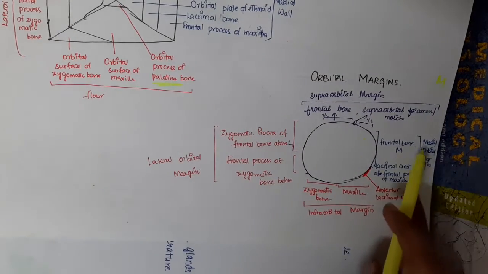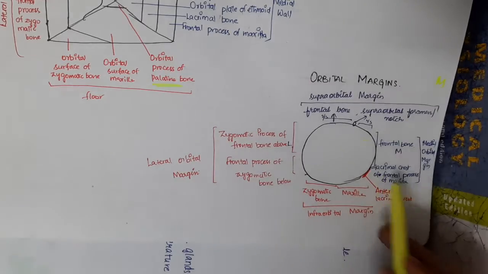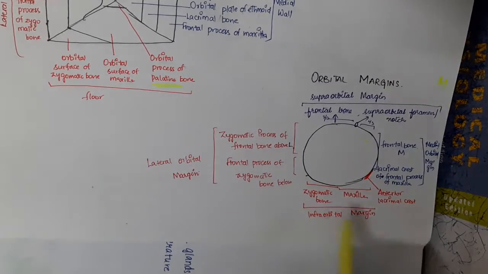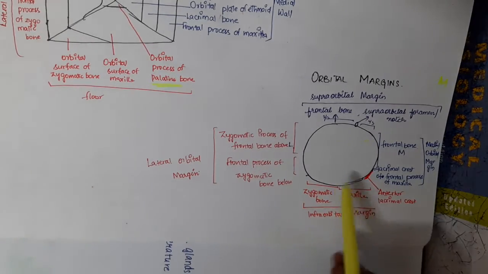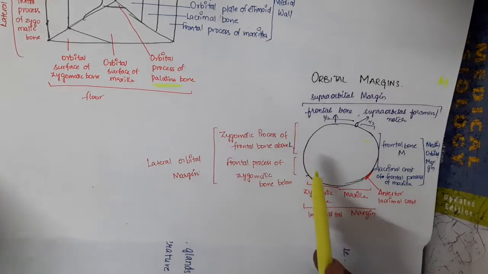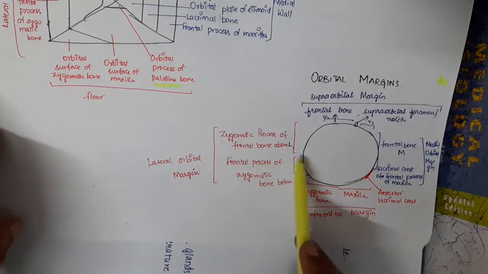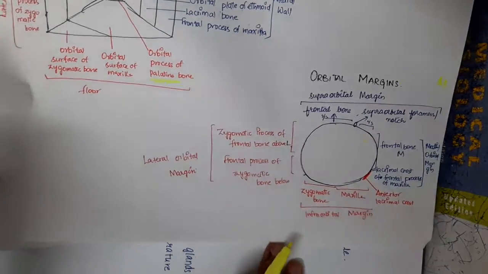The medial border is formed by the frontal bone above and a small part of the lacrimal crest, whereas the infraorbital margin at the floor is formed by the zygomatic bone laterally and the maxilla medially, whereas the lateral orbital margin is formed by the zygomatic process of the frontal bone above and the frontal process of the zygomatic bone below. So these are the orbital margins.